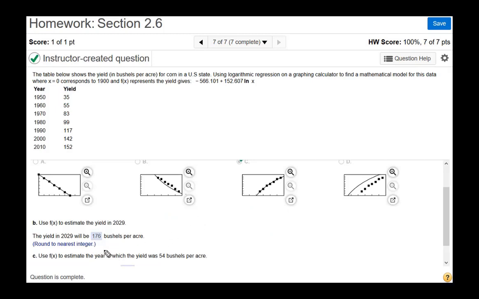You see on part C, we're looking for the year, which is X, when we're told that the yield is 54 and the yield is Y. So we want to take our function and use a 54 for Y and set that equal to our model. And solve for x. To solve for x, we need to begin by adding 566.101 to both sides.